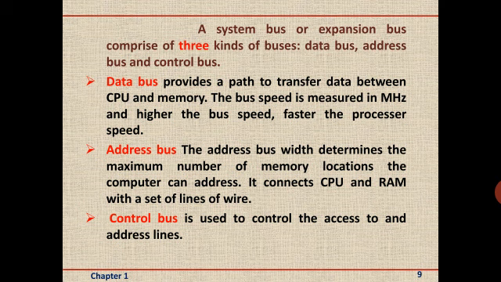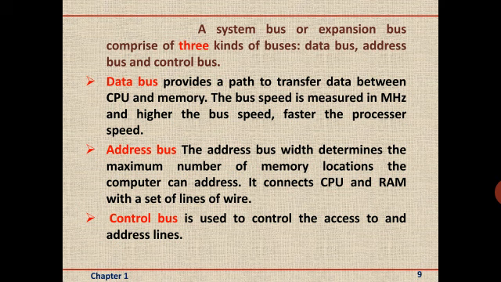A system bus or an expansion bus again consists of three different types of buses. First one is data bus, second one is address bus, third one is control bus. The data bus provides a path to transfer data between CPU and memory.